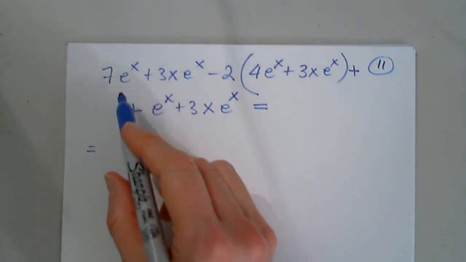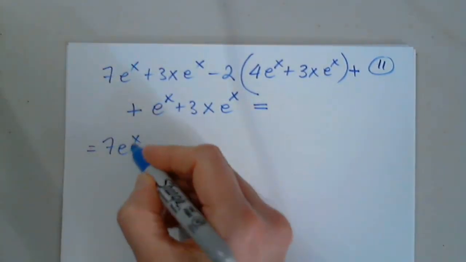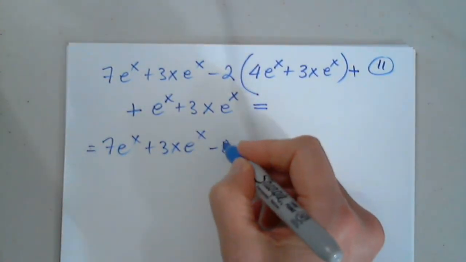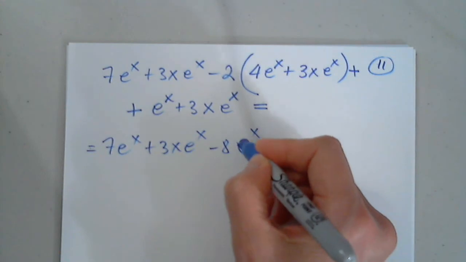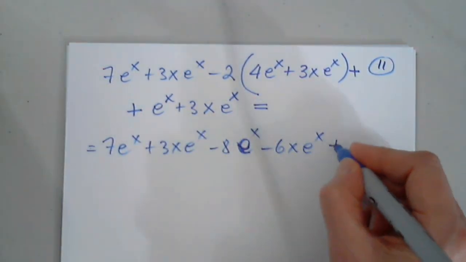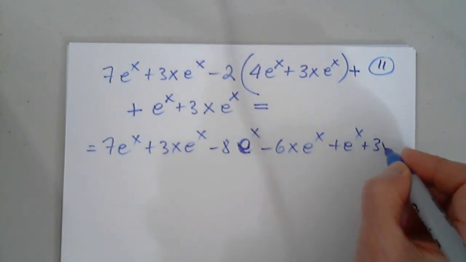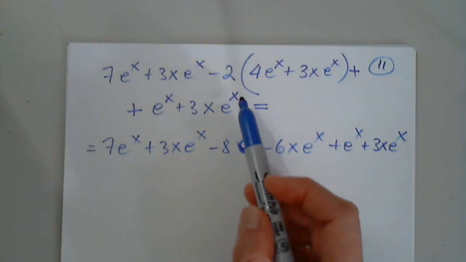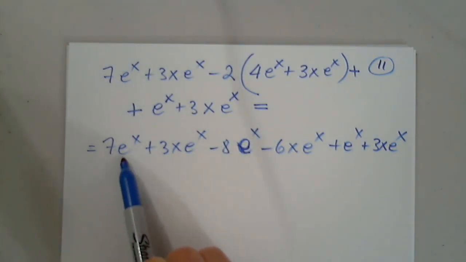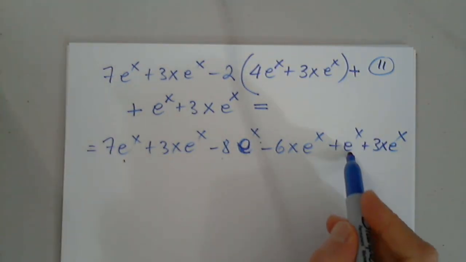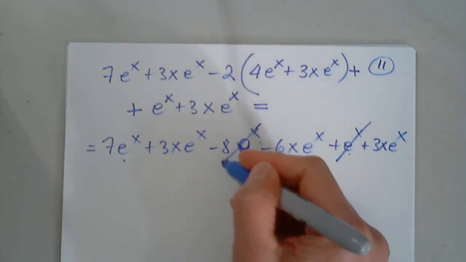Okay, so now let's see. I'll continue. 7e to the x plus 3xe to the x minus 8e to the x minus 6xe to the x plus e to the x plus 3xe to the x. So 7e to the x minus 8e to the x plus e to the x, are they going away?